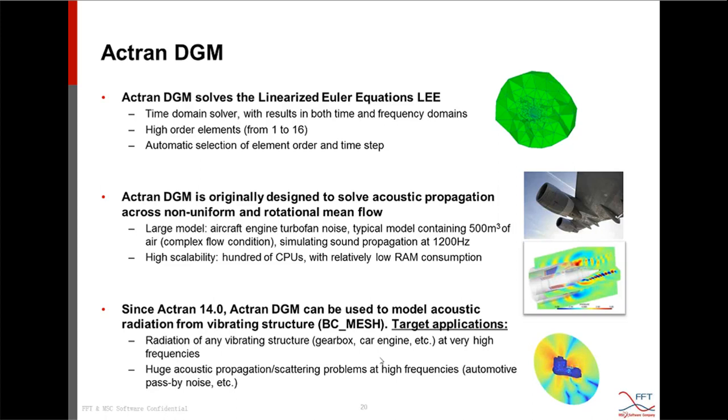So the acoustic waves are less compressed than in the case of an aircraft engine, and we can still have even larger DGM elements and even push the frequency further up, far higher than 1,200 hertz, as is the case in the aerospace industry.